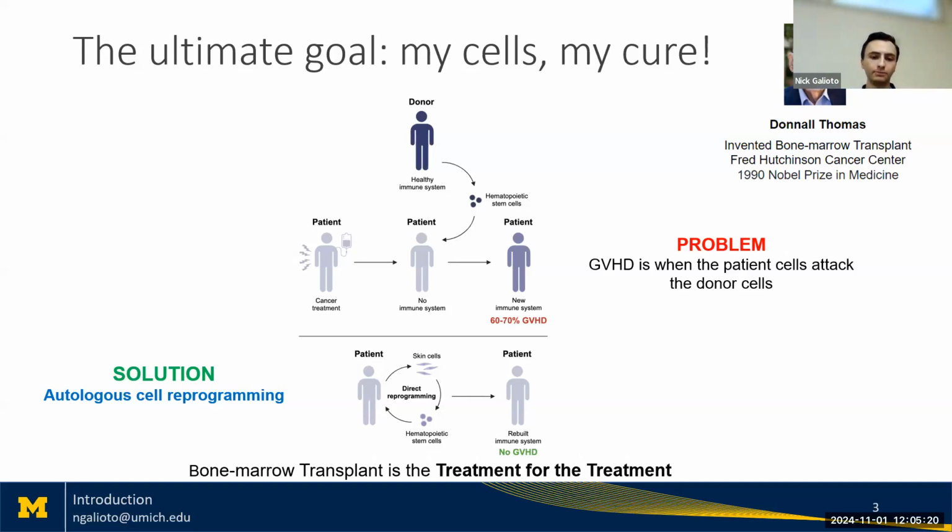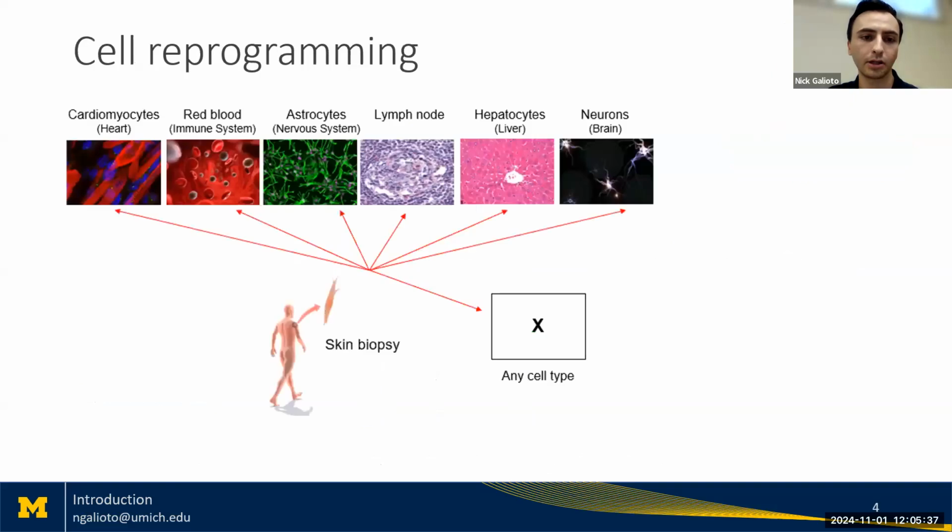In this way, you wouldn't have the issue where the cells are foreign and your own immune system attacks these donor cells. This is really the main motivation behind the work of this lab, trying to develop this technology.